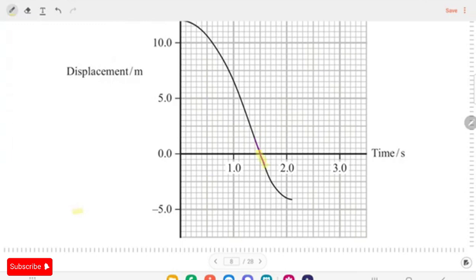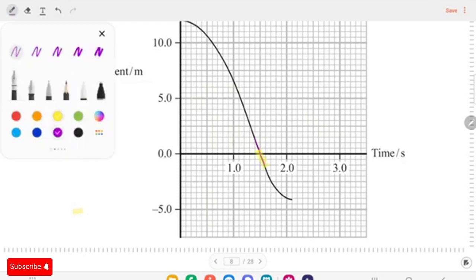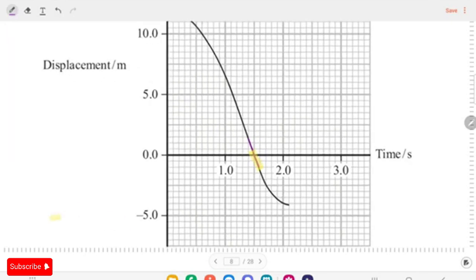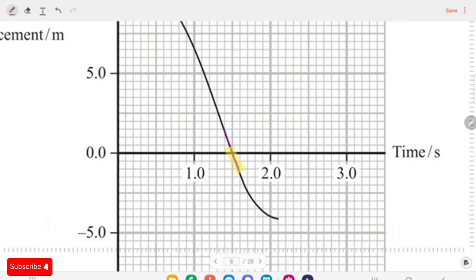It's a very small part of the graph that is quite linear, so I'm just using that part. Right, so this is one point and this is the end point over here.